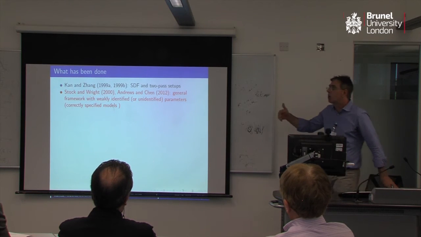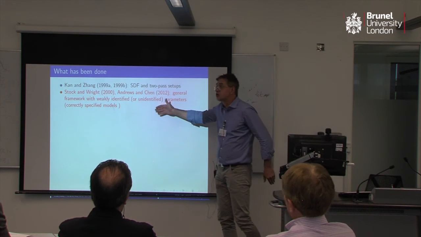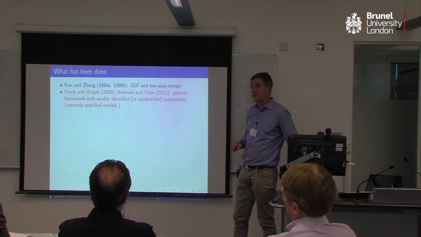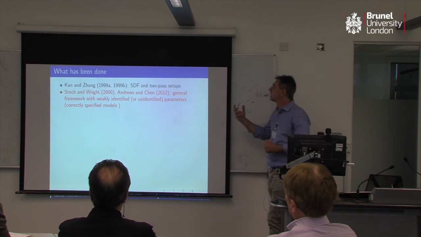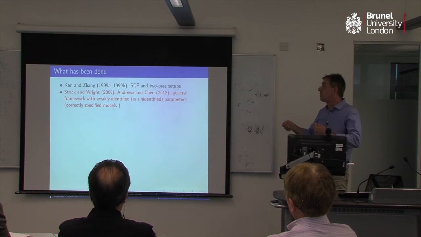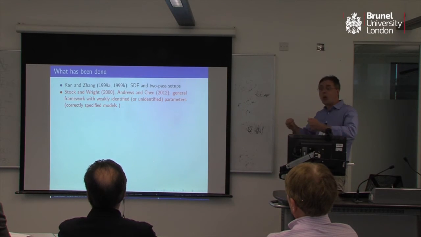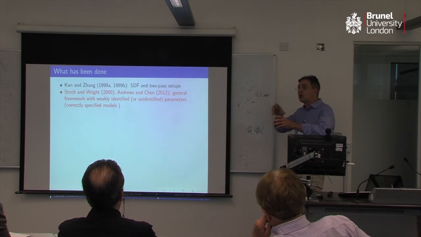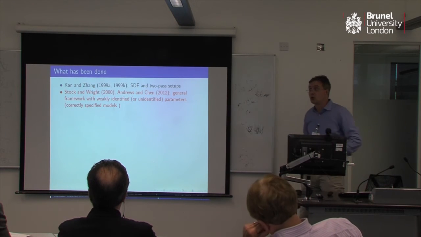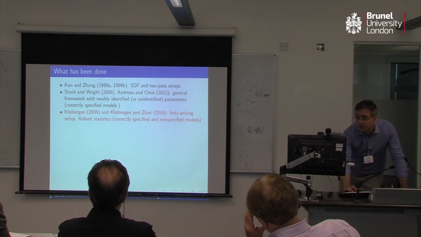In recent work, we extend a little bit Stock and Wright and Andrews and Cheng even under the assumption that the model is correctly specified. Their framework, as we show in some of our work, cannot really deal with some complicated situations that arise when the mean, for example, of a spurious factor is different than 0 or is 0. So in that case, you have basically very different limiting behaviors for the parameter estimates and for the t-statistics.